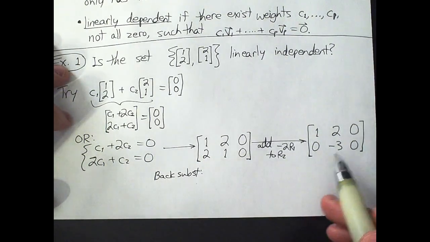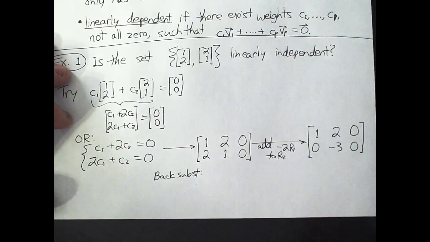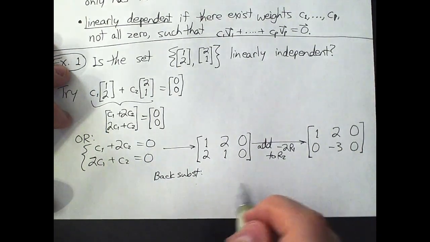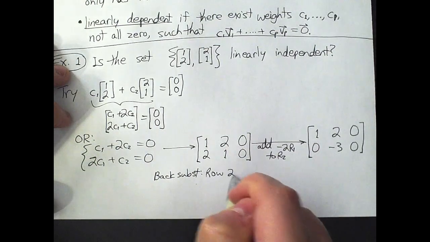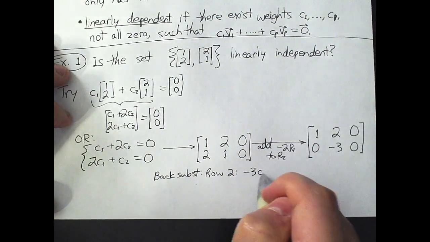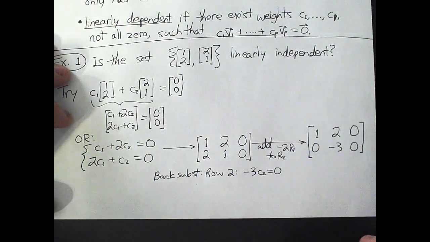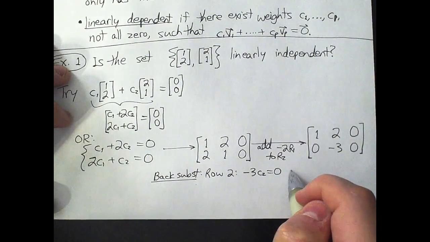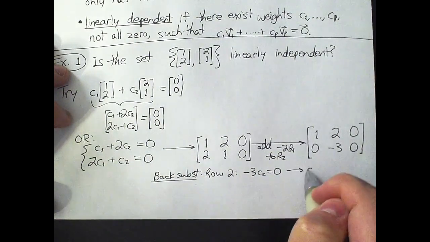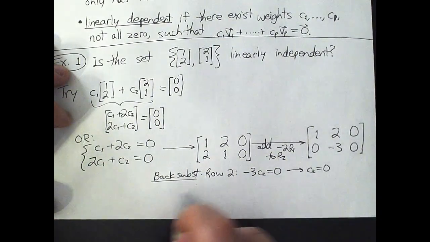What does back substitution mean? It means you start with the bottom row and see what it tells you, and then you work your way up. So row 2 says negative 3c2 equals 0. From that, I get c2 is 0.